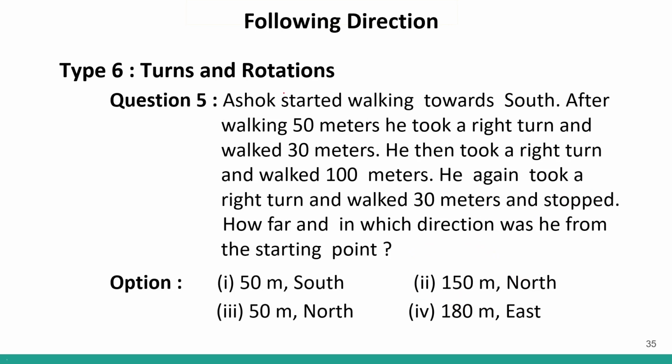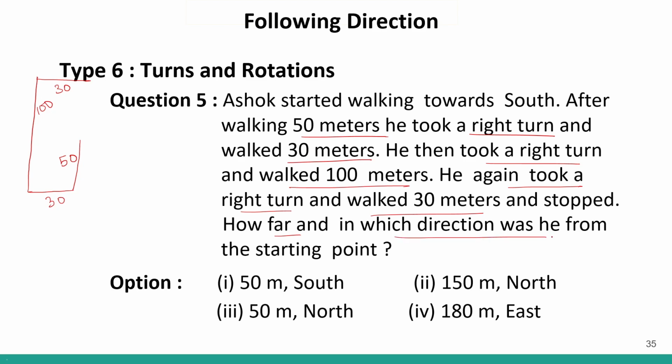Now let us see. Ashok started walking towards south. So Ashok is going towards south and he walks 50 meters and then he takes a right turn. So right turn will be this side and he walks for 30 meter. Then again he took a right turn and walked 100 meters. He then again took a right turn and walked 30 meters. And he stopped.